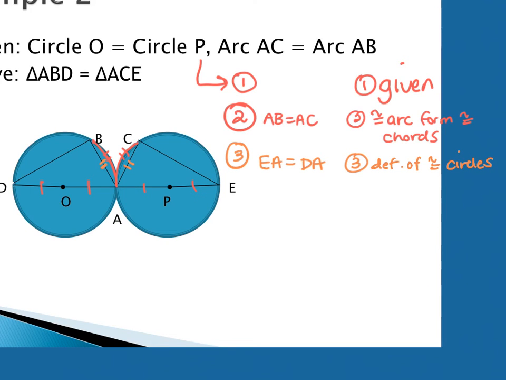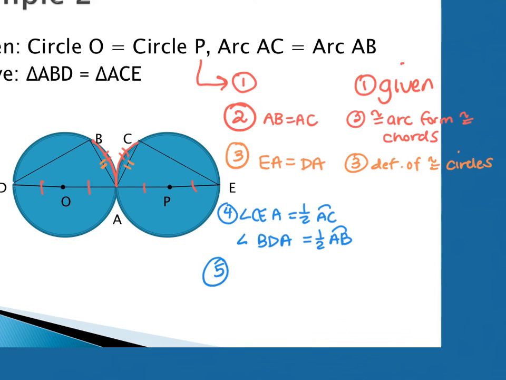Now we need something about the angles, right? Because we don't know the other side. The inscribed angle is one half the arc if the arcs are equal to each other. So angle CEA is equal to 1/2 arc AC. Angle BDA is equal to 1/2 arc AB.